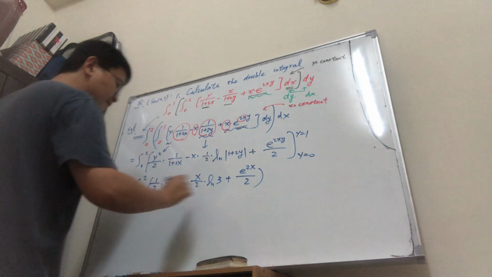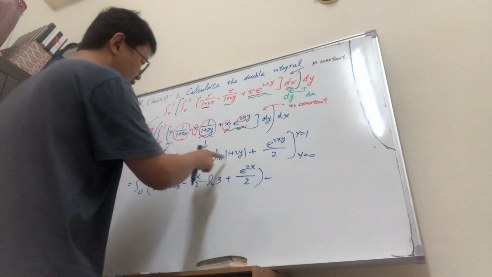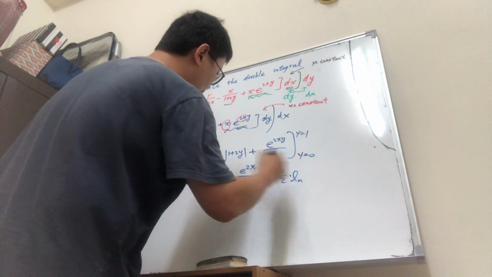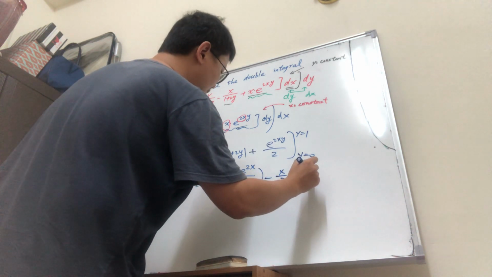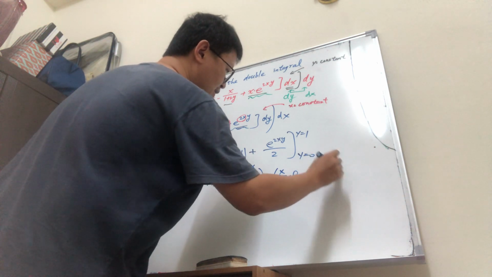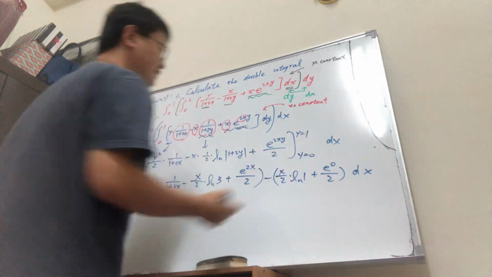Subtract the case when y equals 0. So here it is x over 2 times natural log of 1 plus 0, so it's natural log 1, plus exponential 0 over 2, dx.